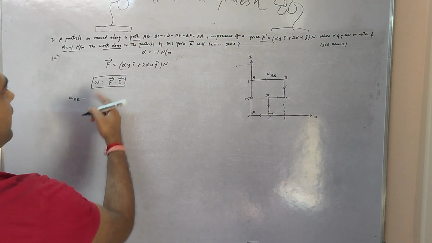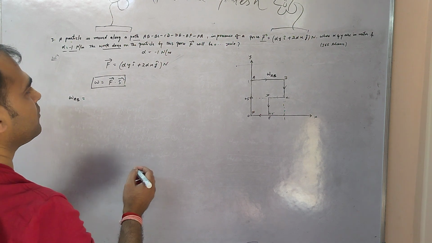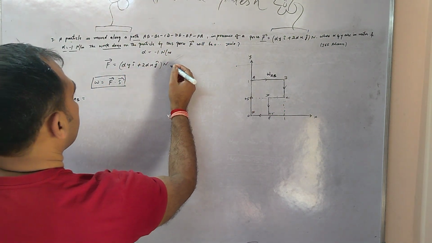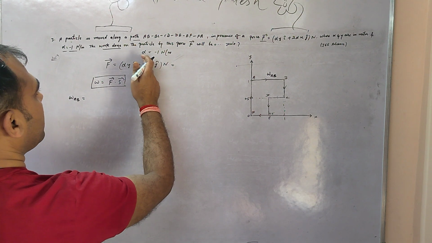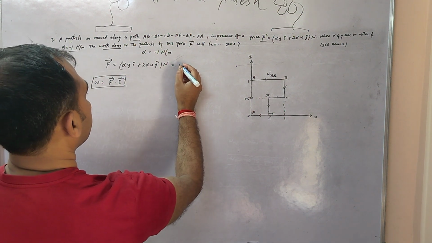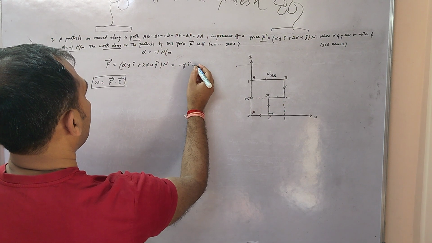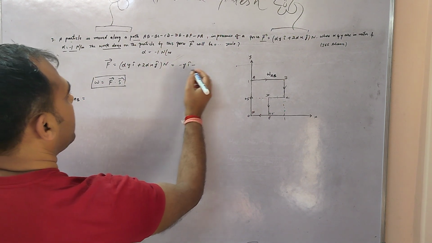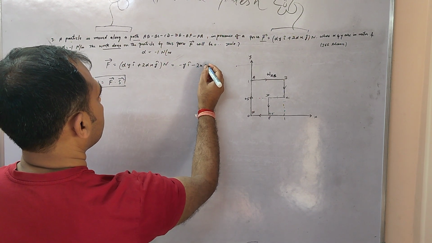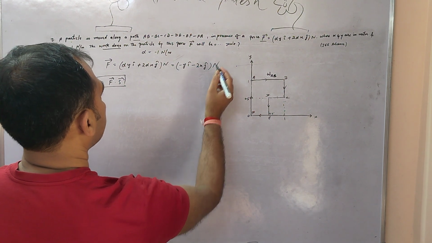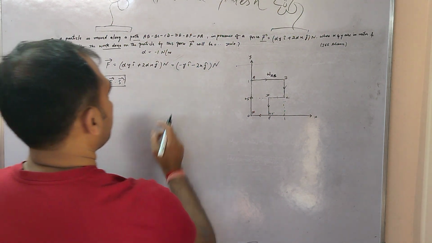This will be F into S, F dot S. Let us simplify, put the value of alpha minus 1. So this will become minus y i cap minus 2x j cap. This will be the force vector.